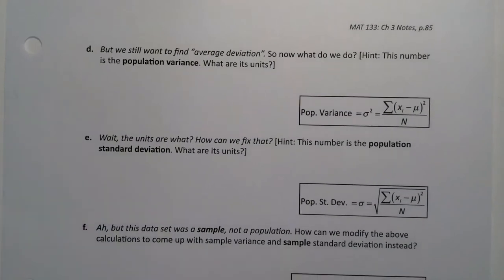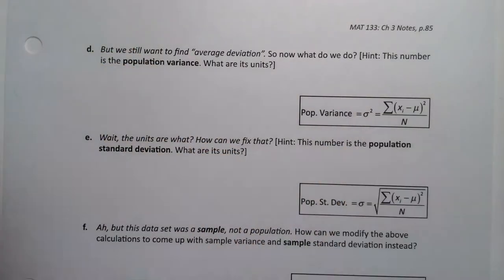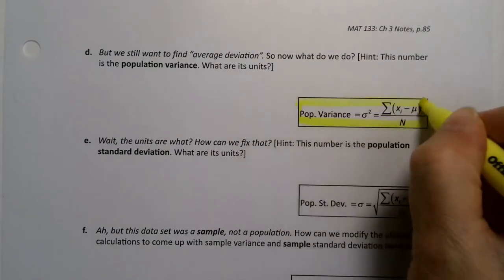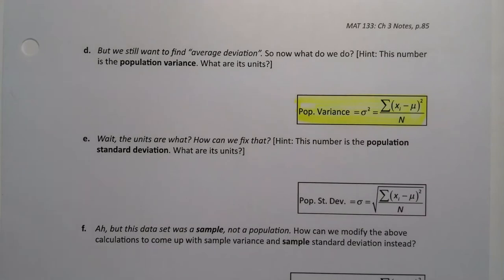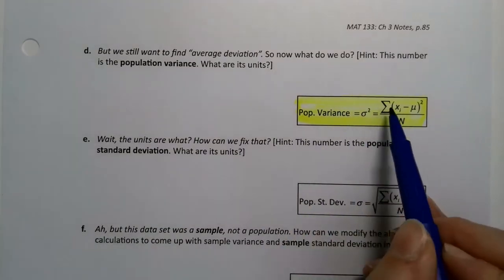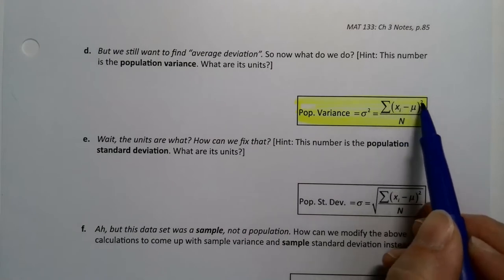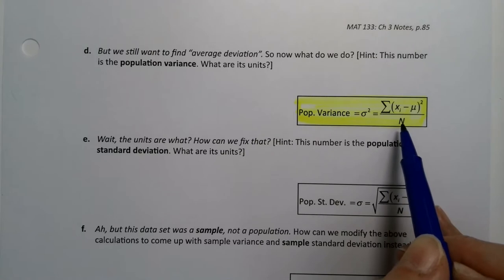So if you take that 1756, this is sigma squared. This is a definition. I can put it right here in a little box. Sigma squared is, now look at the definition, don't get freaked out. It's just saying add up the deviations squared, which we found, the sum of the deviations squared, and divide by how many there are.